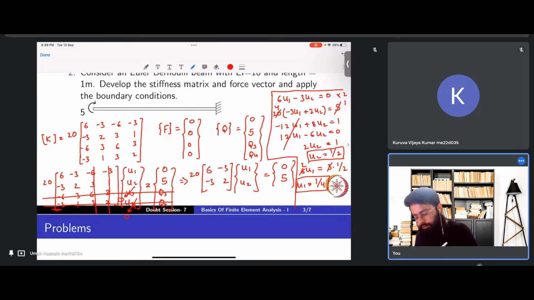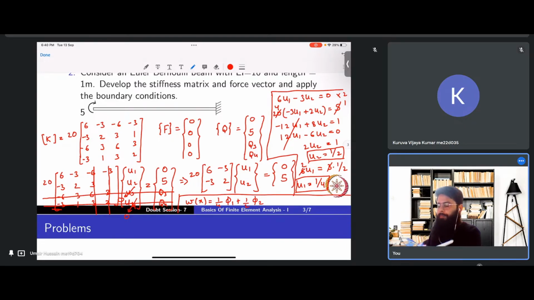So our solution for this problem would be, so u(x) or w(x) given by 1 by 4 times u1 plus 1 by 2 times u2, and u3 is already 0. So this should be a solution for the problem.